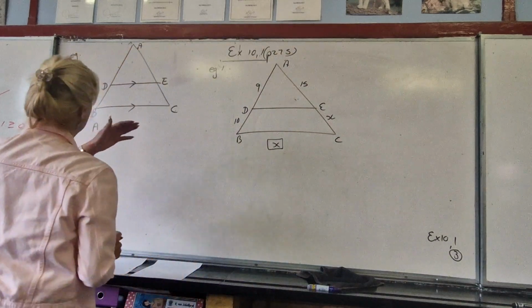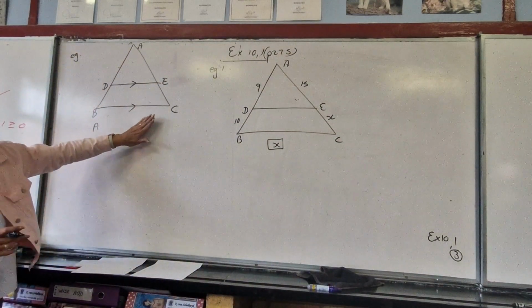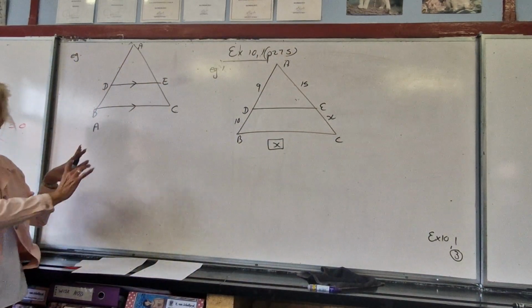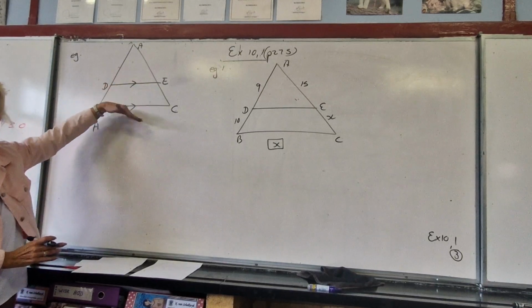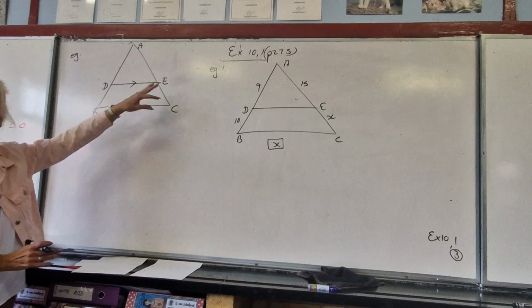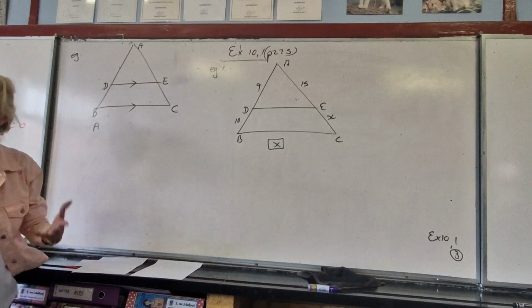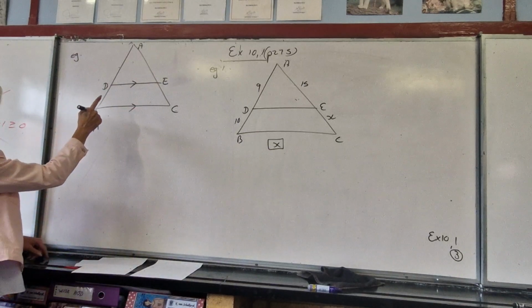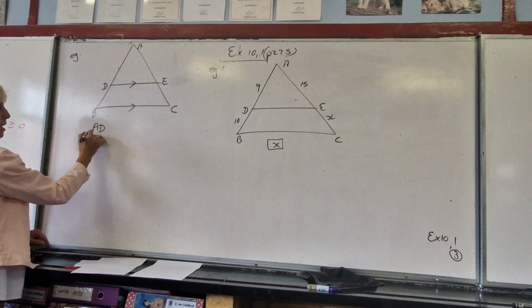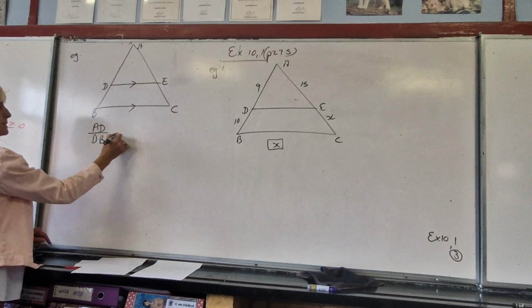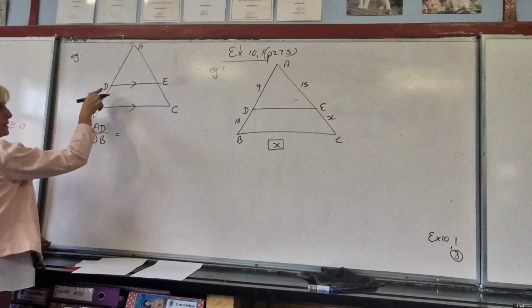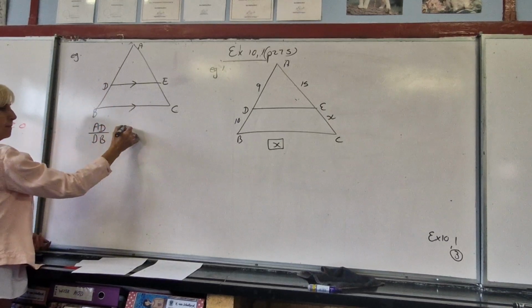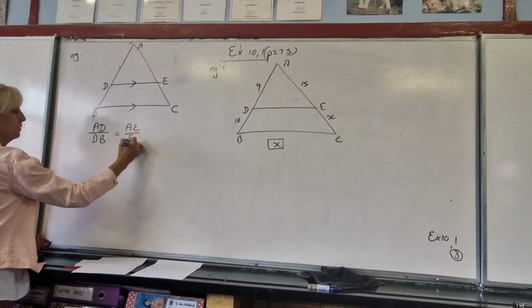So the new theorem, that sketch that was here, please just go add to that. You've got the theorem that says that a line parallel to one side of a triangle will divide the other two sides in proportion. Meaning what? You're going to deduce that AD over DB would be the same as AE over EC.